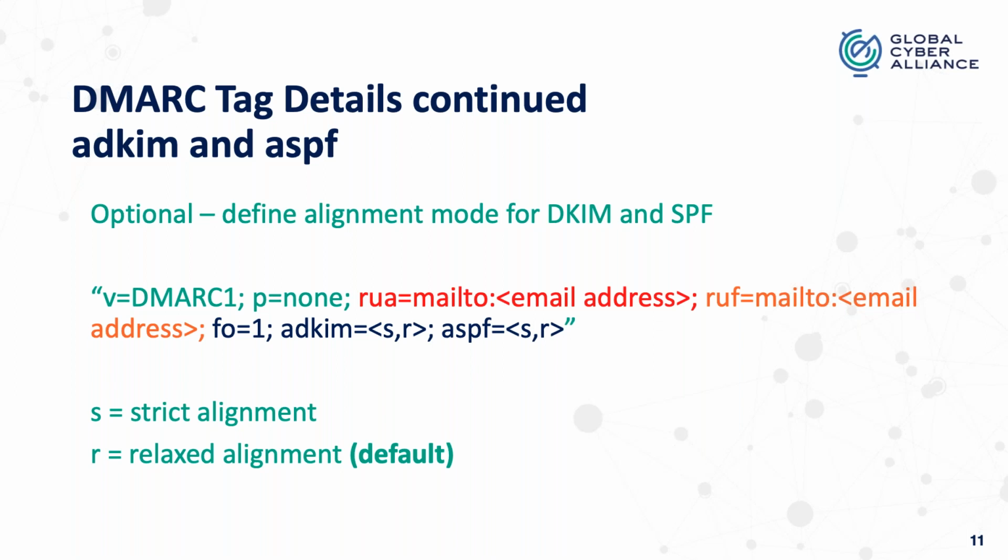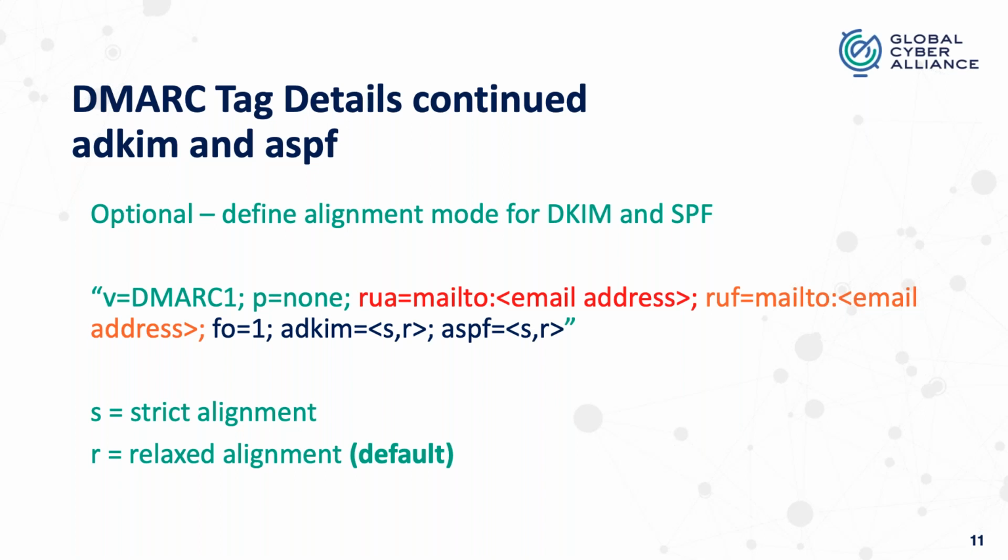ADKIM and ASPF are also optional. You don't have to use these, so you don't have to define them. If you do not define them, the default value is R, which is relaxed alignment. And S is strict alignment. So what does alignment mean? If you remember last week when we talked about SPF and DKIM alignment, SPF alignment checks whether the domain of the envelope from address matches the from address.